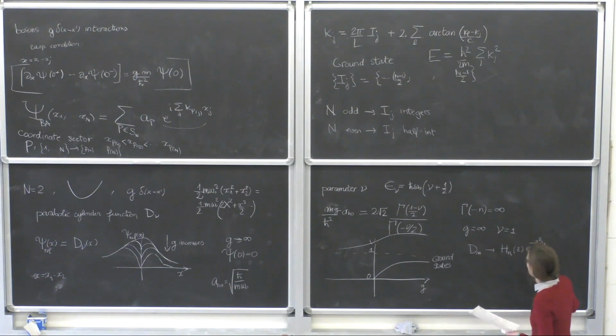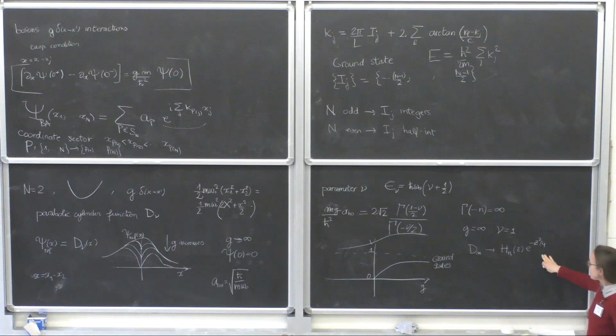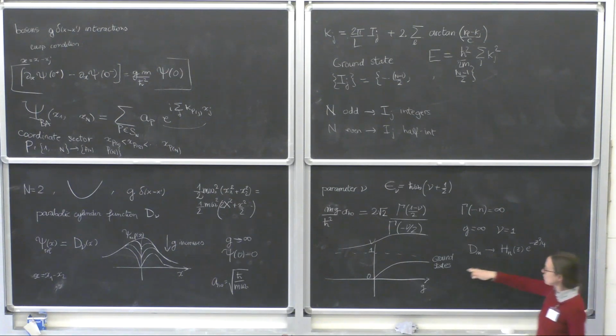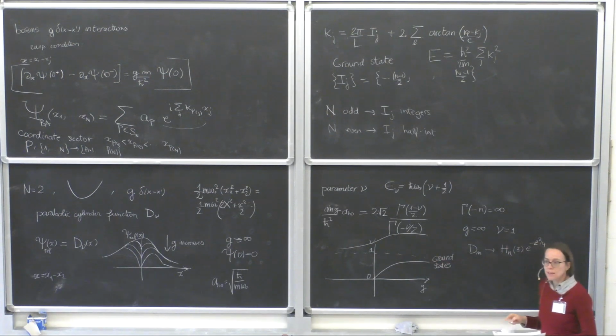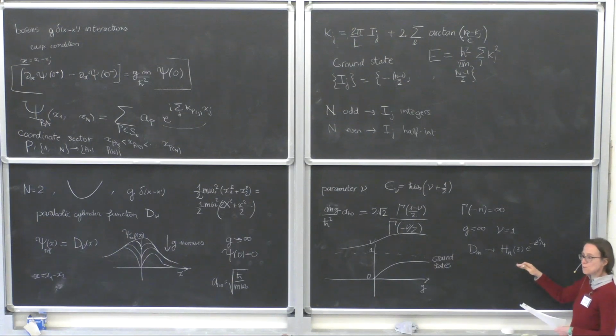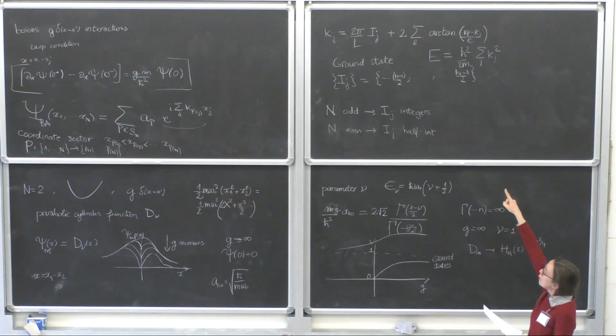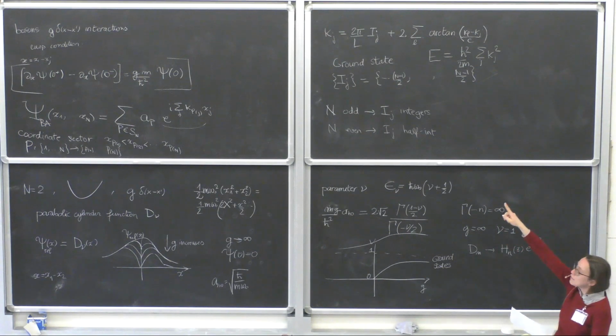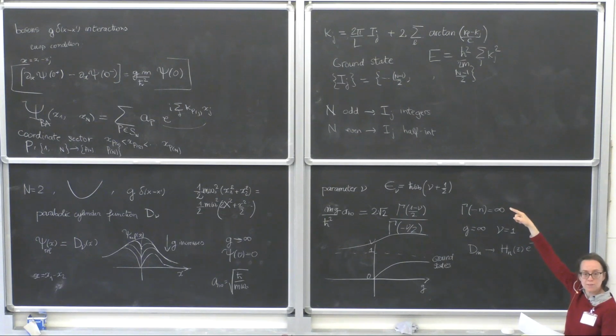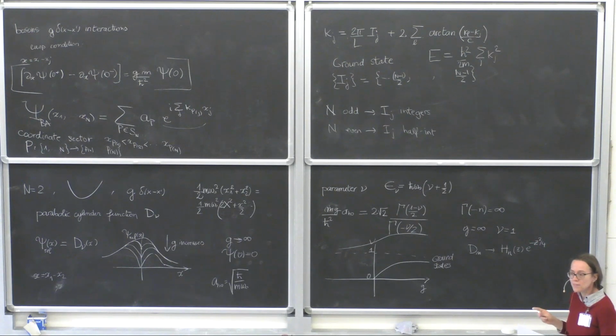This is nice because it shows that in this regime of infinite interaction, we have a problem of free particles in the same potential. This is the same that we found in the Bethe ansatz, where at infinite interaction the kj were just 2 pi over L times some multiples.